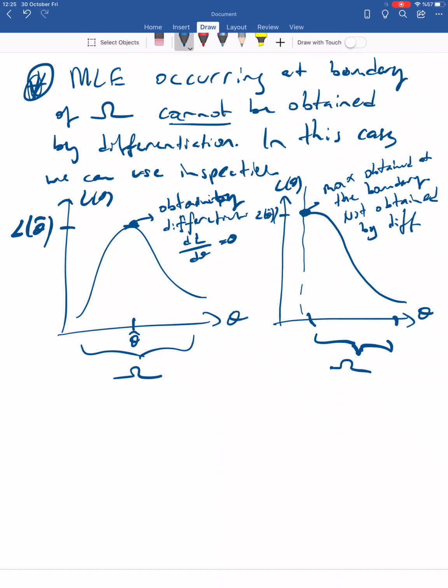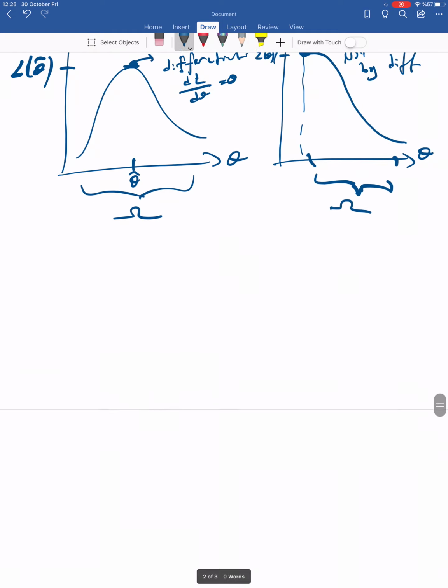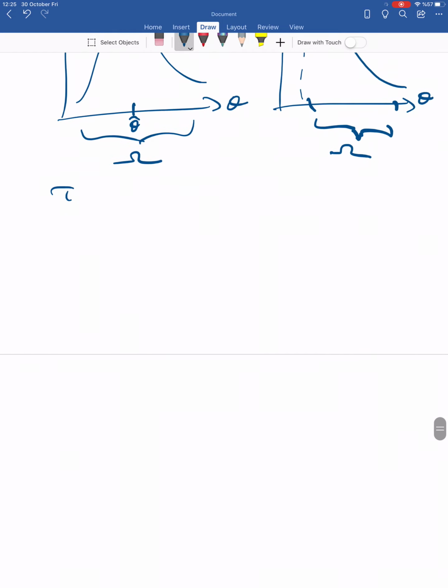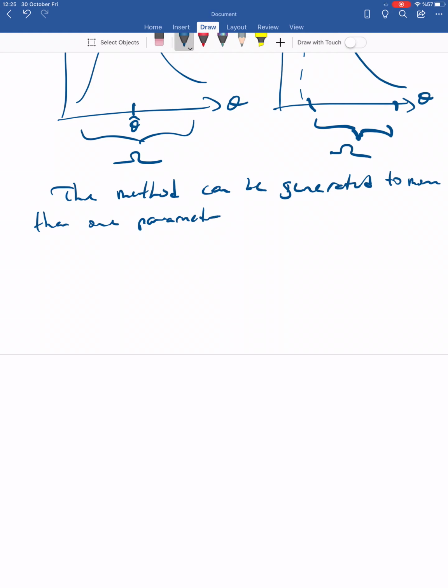Okay, so when we have more than one parameter, the method can be generalized to more than one parameter case. When we have a random variable x with the given PDF with unknown parameters theta 1 and theta 2, our parameter space is defined by these two.